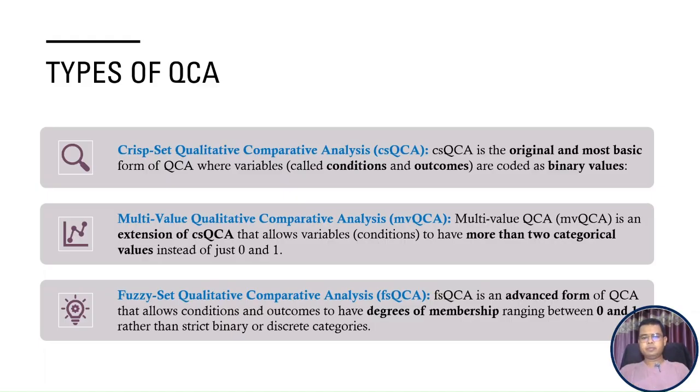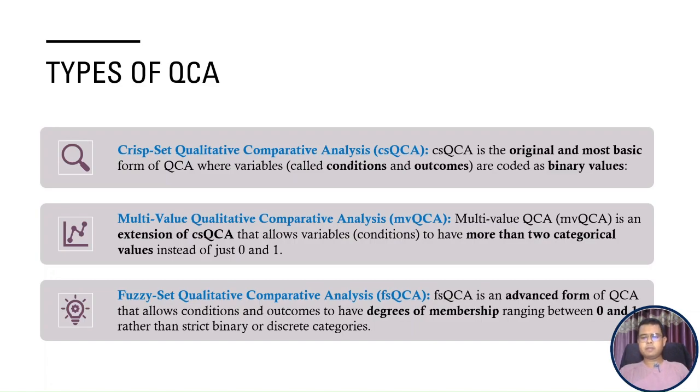For example, hair color: there may be different hair colors, black, white, brown, and so on. So when we have more than two classes, we will use multi-value qualitative comparative analysis.